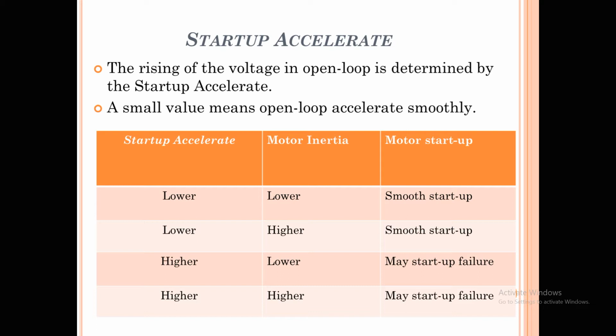If your startup acceleration is lesser and your motor inertia is higher, the motor will also start smoothly. If your startup acceleration is higher and your motor inertia is less, it may cause startup failure. In the same way, with higher acceleration and higher inertia, the motor will also face startup failure.